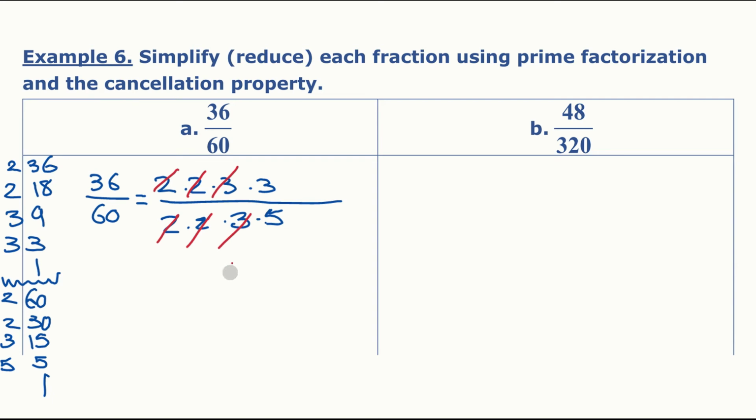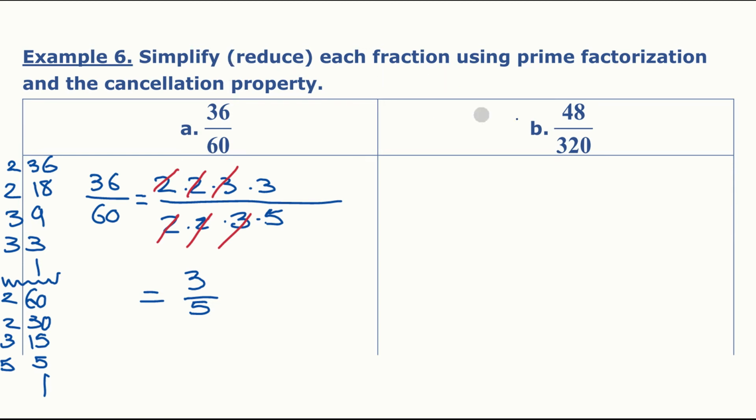And that's it. That's the only cancellation that's available to us. So now we're going to realize that this is going to leave us 3 over 5. That's a really nice, effective way of reducing a fraction, by utilizing the prime factorization of the numbers.